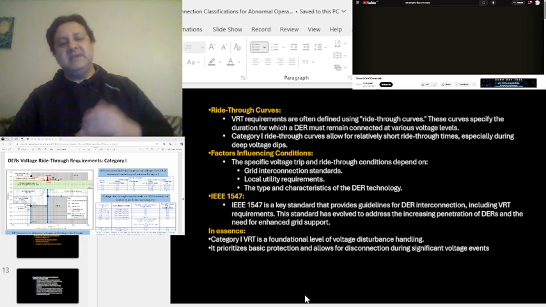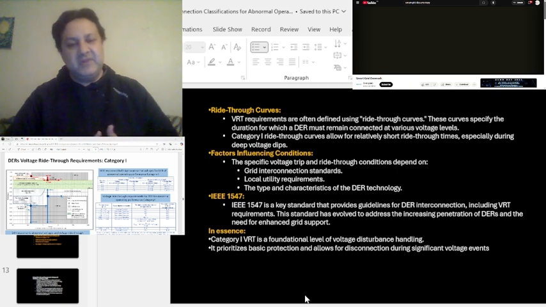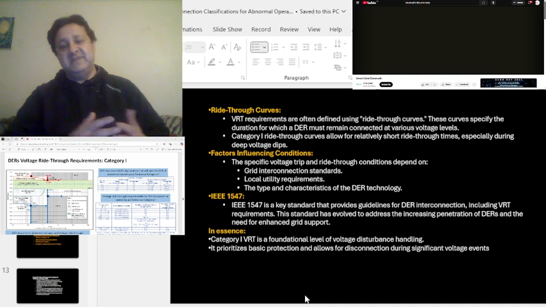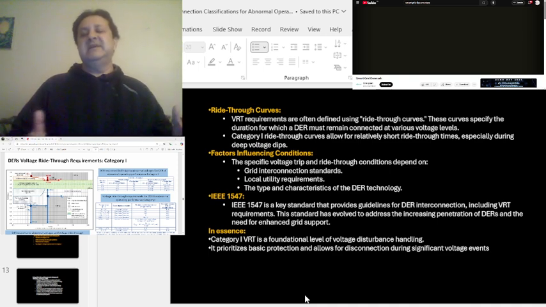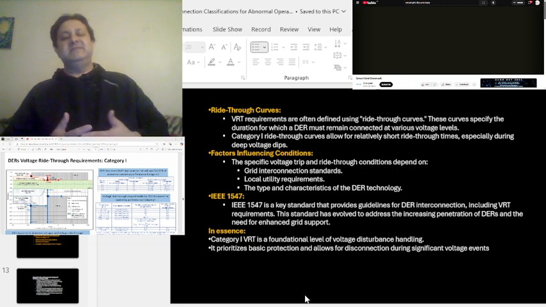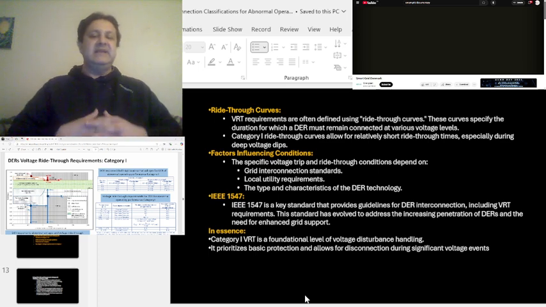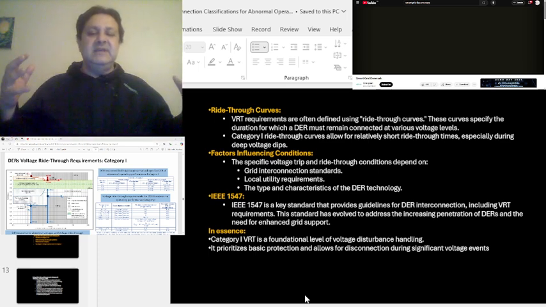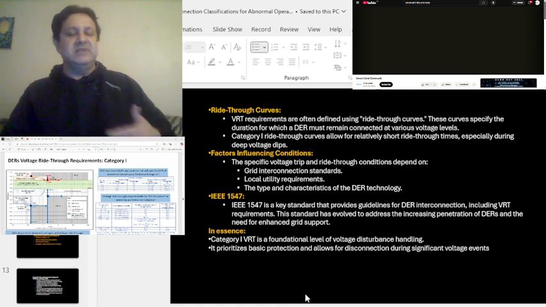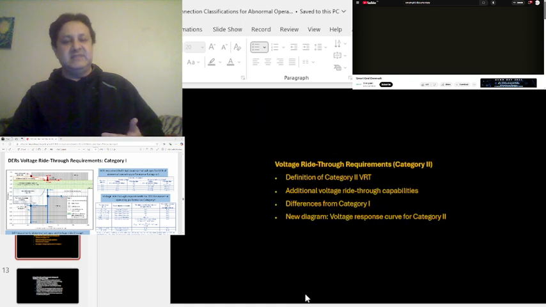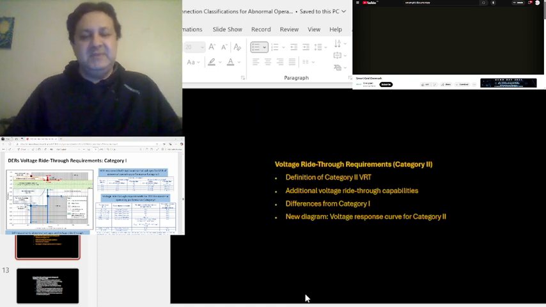And because our topic is IEEE 1547, IEEE 1547 is a key standard that provides guidelines for DER interconnections. This is where we need 1547. That includes VRT requirements. The standard has evolved to address the increasing. So I will just move quickly because I have to cover category 2, 3, and then the frequency and so many things, because of the time limitation.